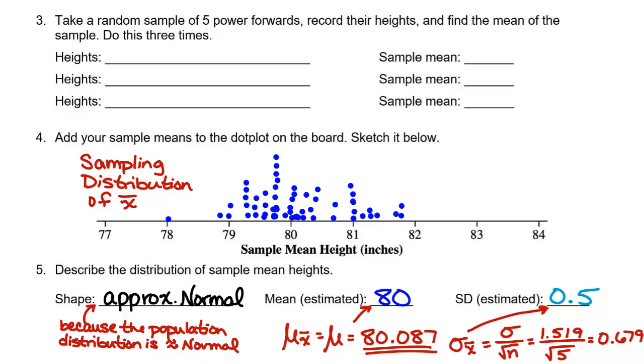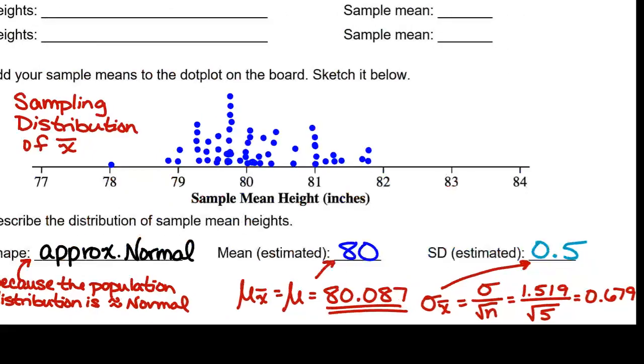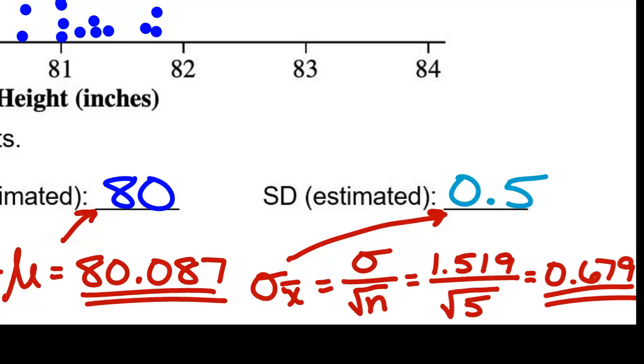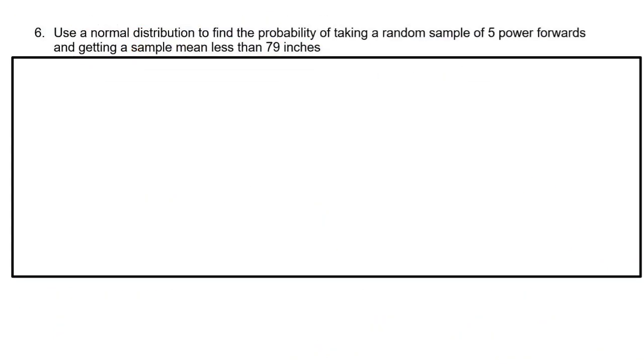What is the mean right down the center? 80.087. Standard deviation, 0.679.